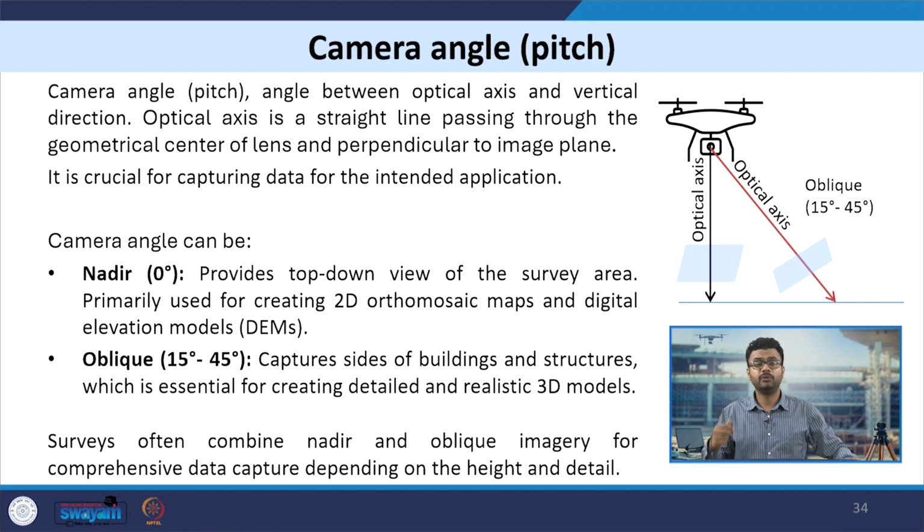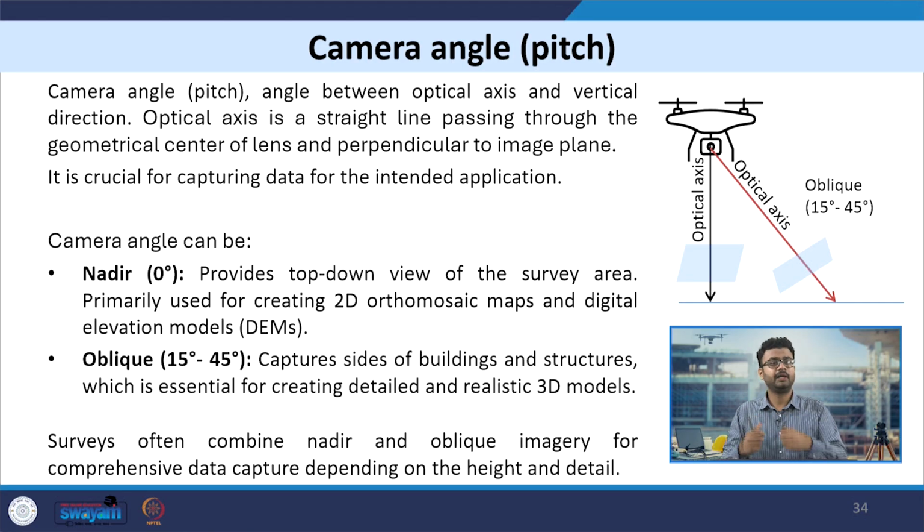However, if you are interested in capturing the sides of the building, which is essential for creating detailed and realistic 3D models, in that case camera angle is kept oblique, between 15 degree to 45 degree. And surveys often also combine images from both nadir camera angle as well as oblique camera angle for comprehensive data capture.